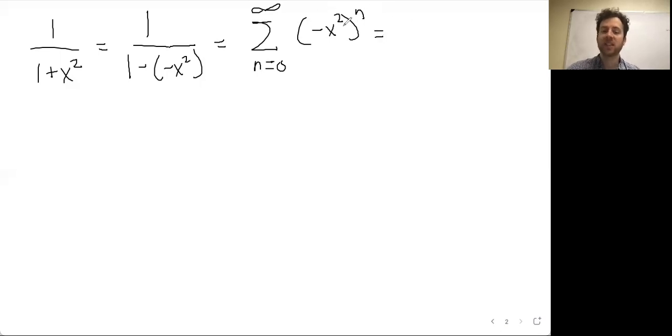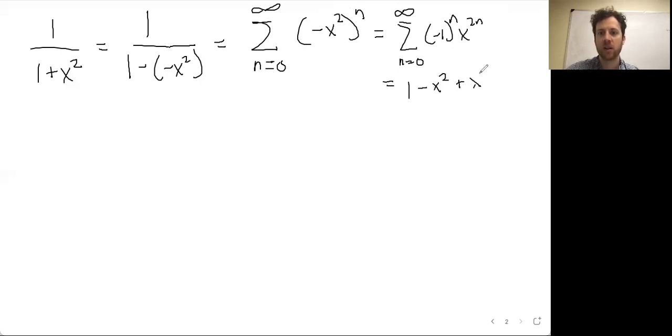And then raising the factor separately to the nth power, we get that this is minus 1 to the n, x to the 2n, which if you like is 1 minus x squared plus x to the 4th minus x to the 6th, and so on. So only even powers, and they're alternating.